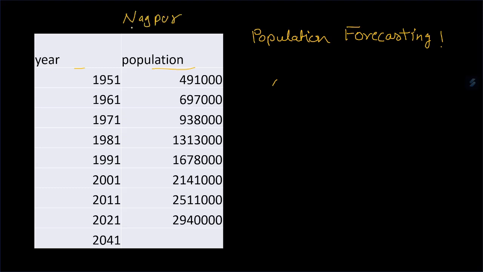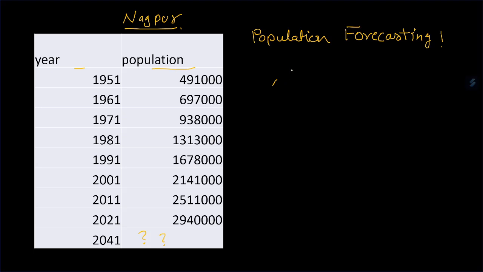Our exercise here is to find out what will be the population of Nagpur city in 2041. So the data from 1951 to 2021 is given here.